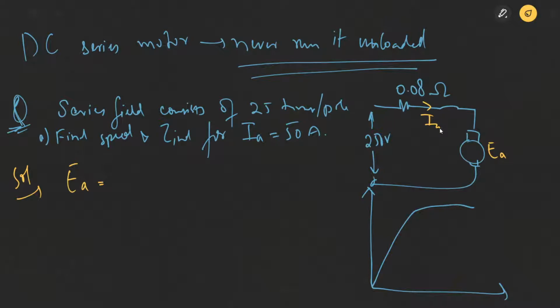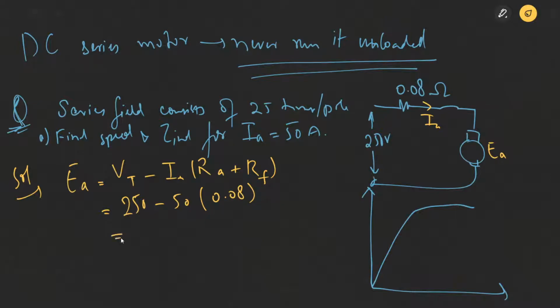So EA is equal to VT, which is 250 volts, minus IA times (RA plus RF). Therefore EA is equal to 250 minus IA, which has been given to us as 50, times (RA plus RF), which is given to us combined as 0.08 ohms. So this total becomes 246 volts.